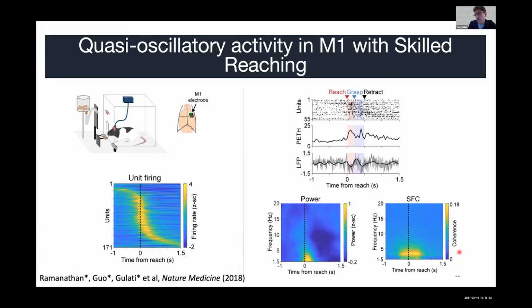The quantification of this is called coherence magnitude. And we see that this coherence magnitude is really high once the rats become proficient in this task. So it looks like this LFO activity can serve as a marker of skill consolidation in healthy rats.